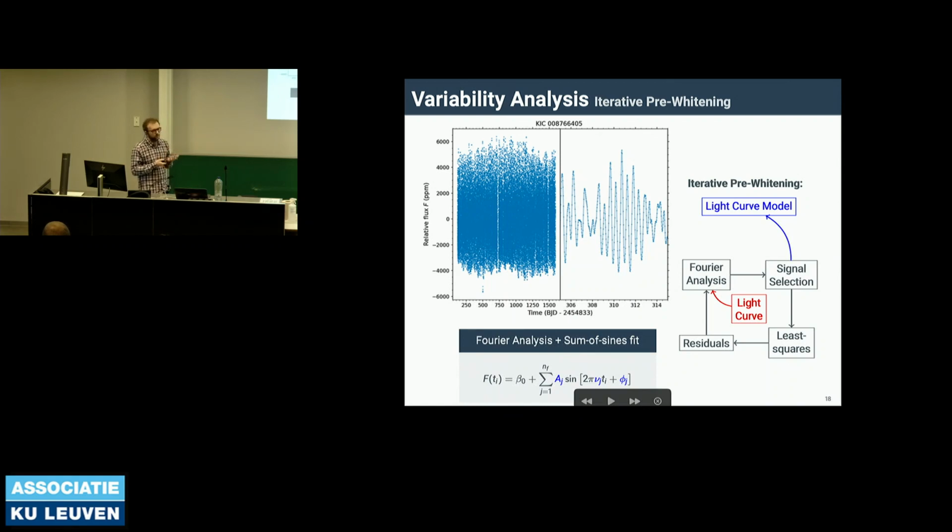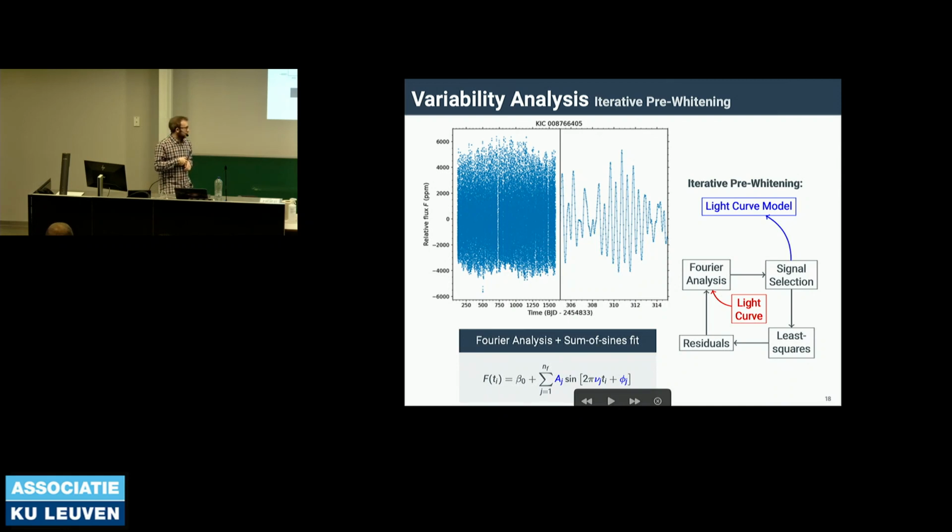Well, we first go through the variability analysis cycle that we also go through when we perform linear asteroseismology, namely an iterative pre-whitening analysis, where you take your light curve that you first correct for instrumental characteristics and make sure that there are no systematic signals left in there, as we all do, and then analyze that by putting it through a Fourier analysis module of your choice.